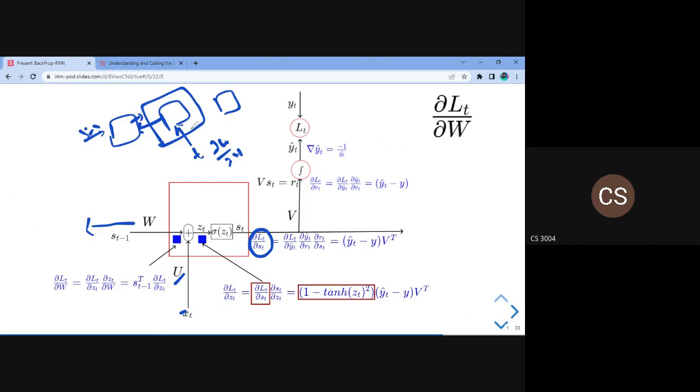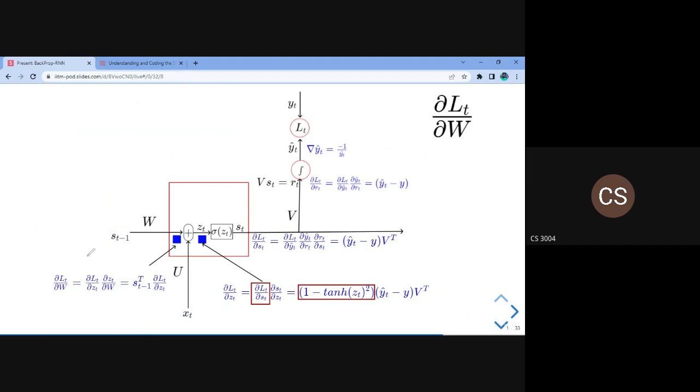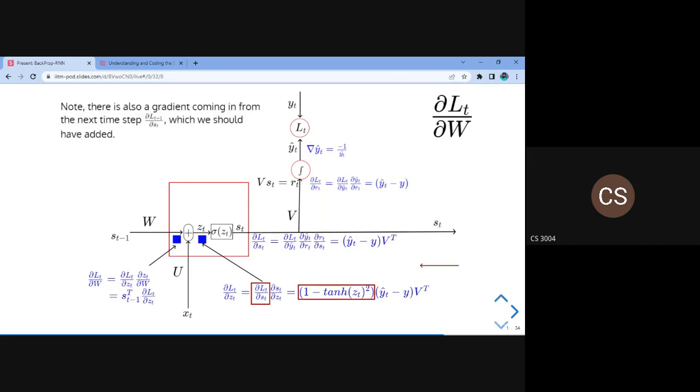Here I compute dou LT by dou ST, and then I have to pass it to the previous time step. Just focus on this picture. Now we have computed dou LT by dou W. So what will happen in the next step? That's the question. What are the things that I need to accumulate?